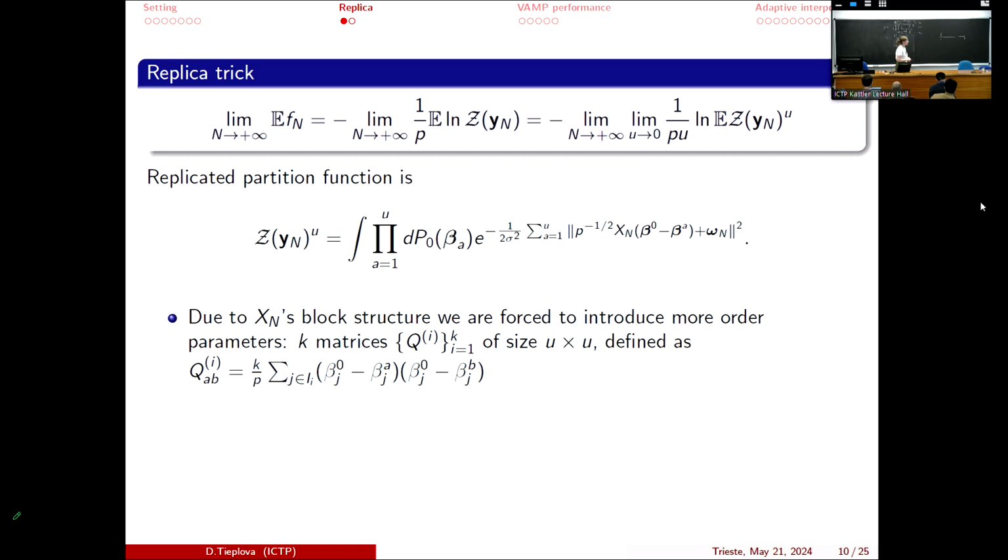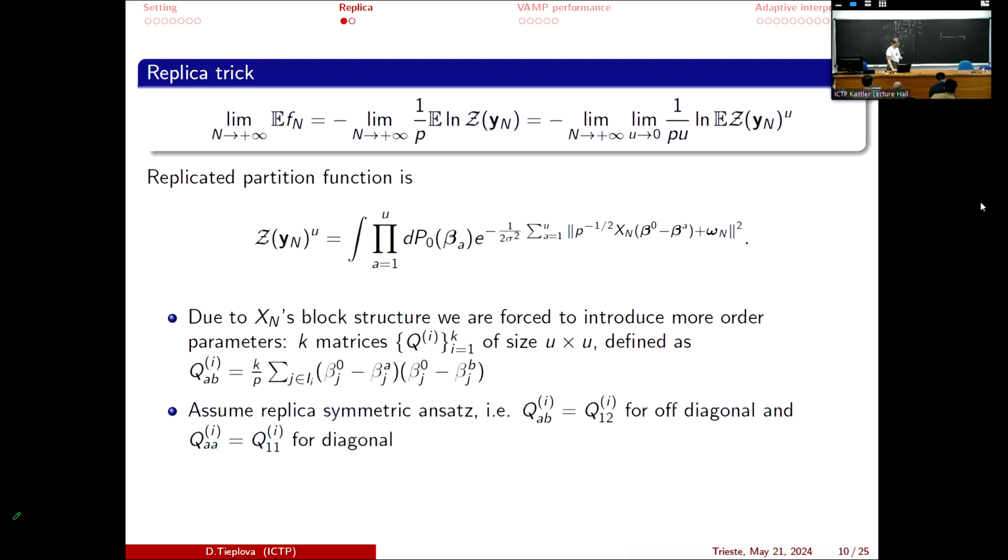And there are k such matrices, because the block structure that Xn has also implies the same block structure on our vector beta, right? So we are assuming that each block is supposed to be treated differently. So in the end, we need these k different matrices, and each of them is the overlap of the i-th block.